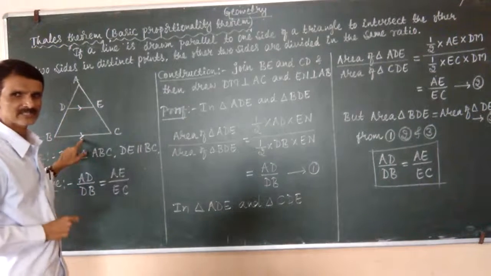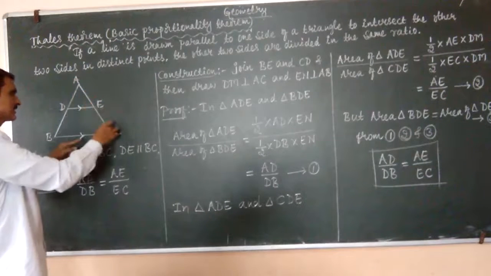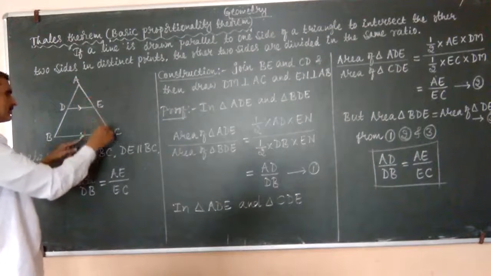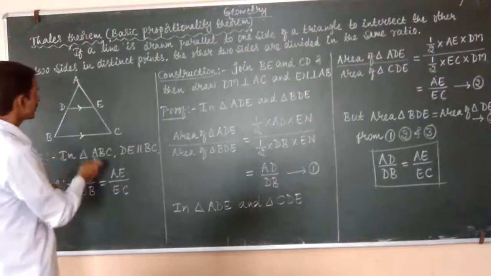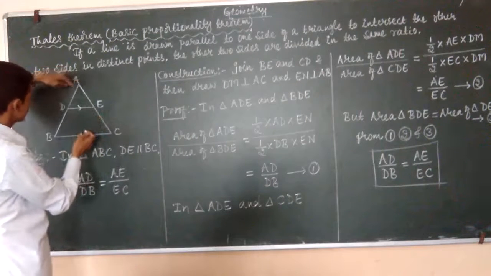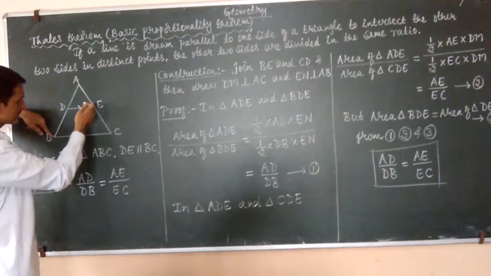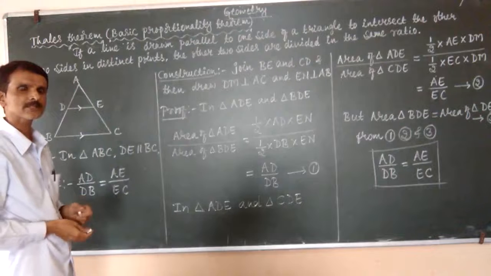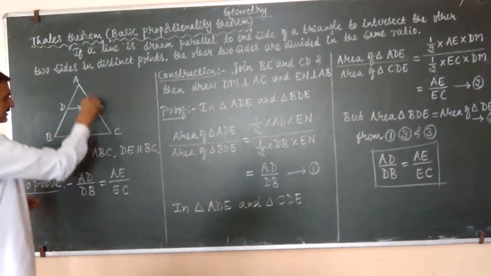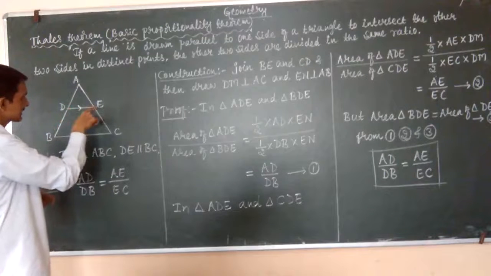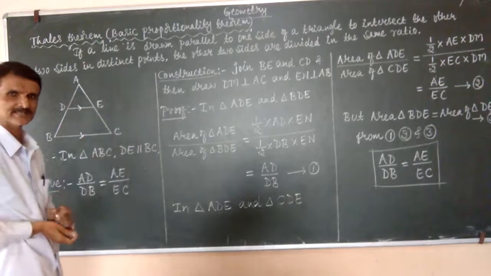Not only for BC, you can draw parallel lines for AC also, or you can draw a parallel line for AB, by joining two points. Here I have taken a triangle ABC, and DE is a line segment drawn parallel to BC.